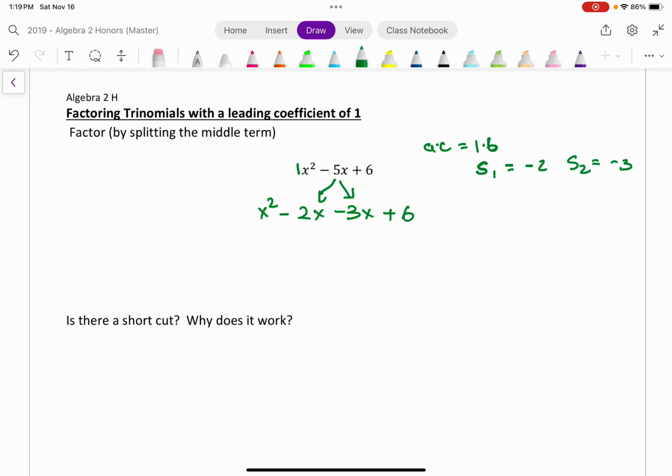So now I'm splitting the middle term. But what I want you to notice, if the leading coefficient is 1, if you look at my first pairing, no matter what, the only thing I would be able to factor out would be x. Because the leading coefficient in front is 1, there's not going to be another number that I can take out. I would need to have another number in front of this right there. But I don't have that.